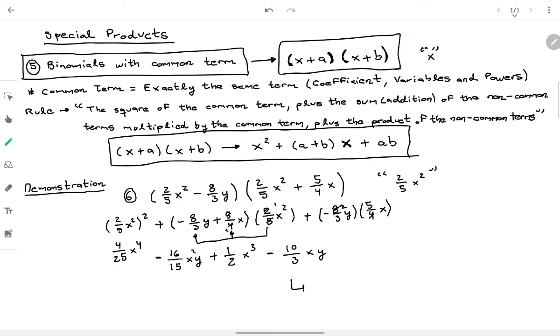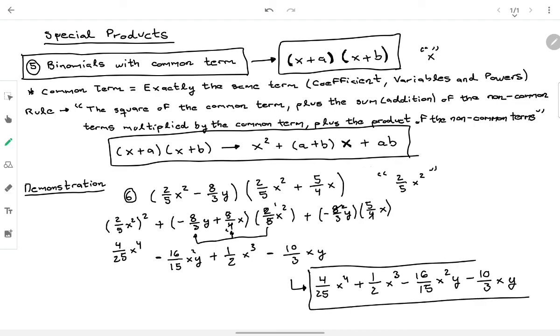So our full unordered answer is going to be 4 over 25 x to the 4th plus 1/2 of x cubed minus 16/15 of x squared y minus 10/3 of xy. And that is going to be our final and ordered answer.